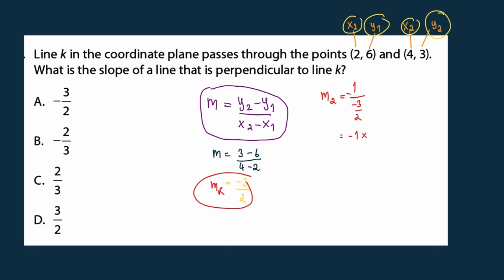Change divide to times and flip the fraction, so minus 2 over 3. Negative times negative is positive, so 1 times 2 over 3 is 2 over 3. So the answer is C.